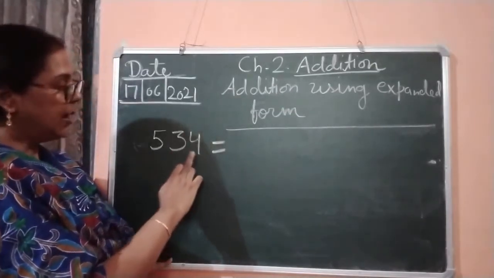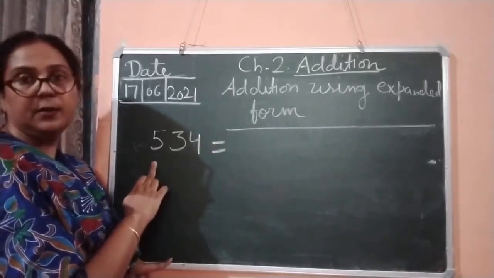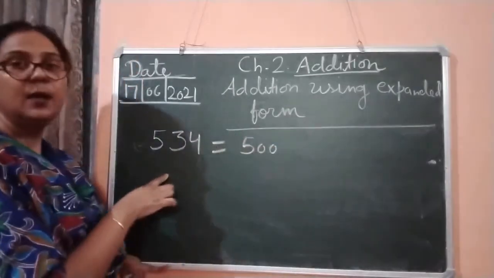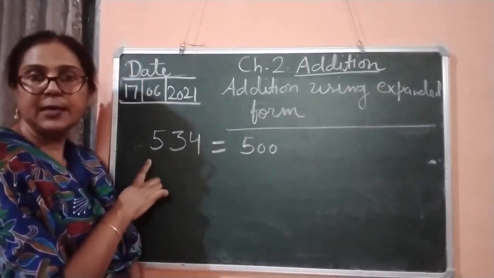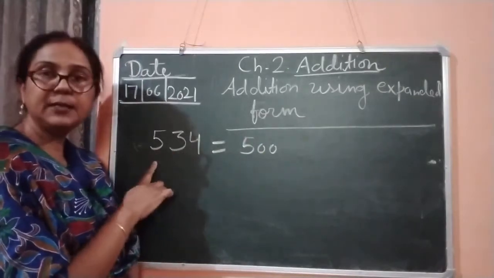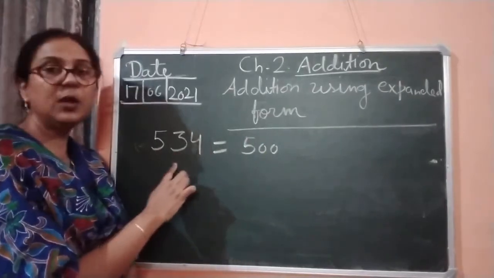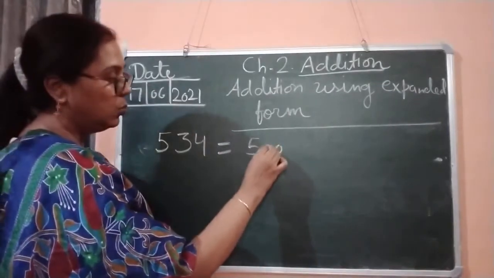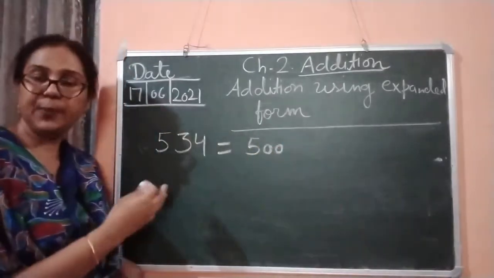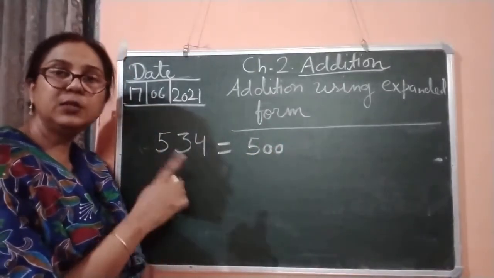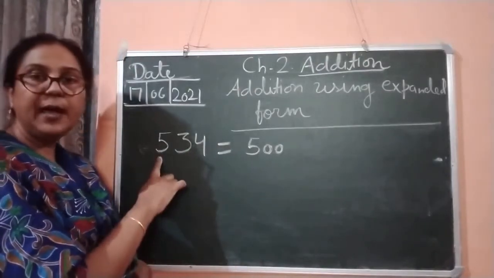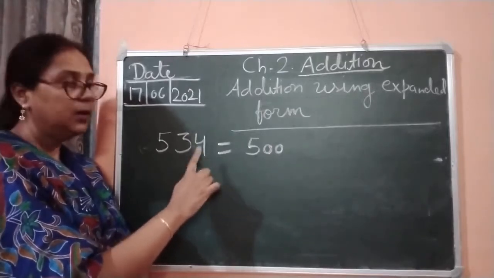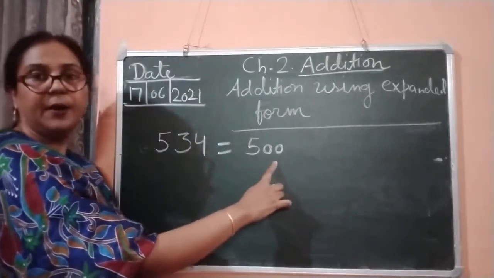So naturally it will become 500, because this is at the hundreds place. Because there are 2 numbers after that, we will add 00. When we are expanding the number, we will write 500 because after 5 you can see 2 numbers are there, 3 and 4.